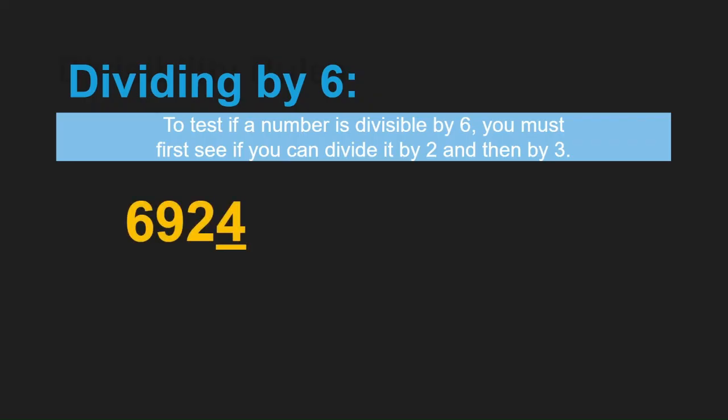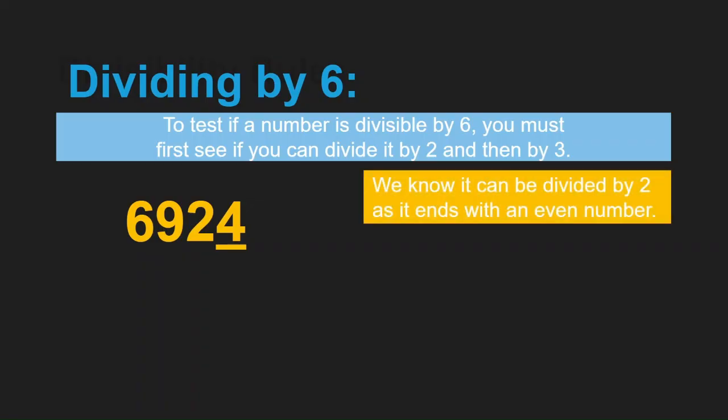So let's look at this big number, 6,924, right? So let's run our test for 2. Our test for dividing by 2 is the last digit even? So we know 4 is an even number, so yes, it can be divided by 2. Our next test for dividing by 3. Add up all of these digits, and then see if that is divisible by 3.